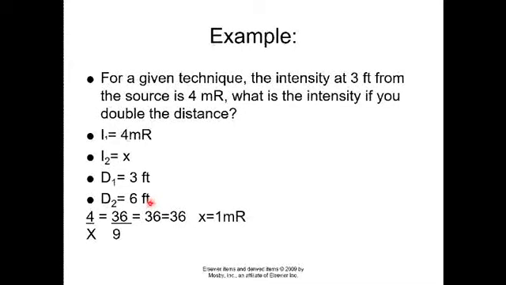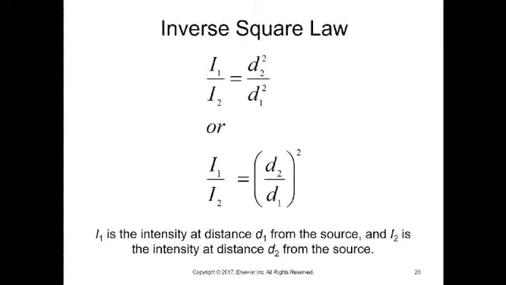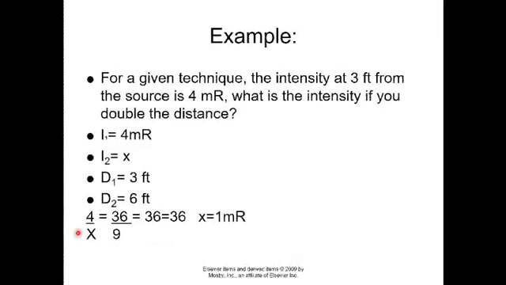So when we plug everything in, going back to our original equation, which is I1 over I2 equals D2 squared over D1 squared. Our I1 is 4, our I2 is X, our D2 squared, so our second distance was 6 feet, we square it, we get 36, over our D1 squared, our original distance, which was 3 feet.